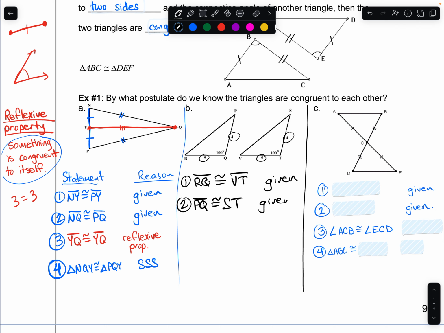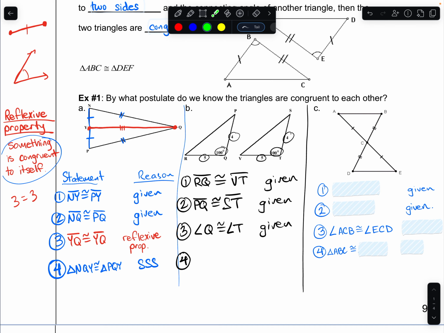It's given in the picture that they must be congruent. We're also given that these 2 angles have a measure of 100 degrees. So we can say that angle Q is congruent to angle T because that's given as well.